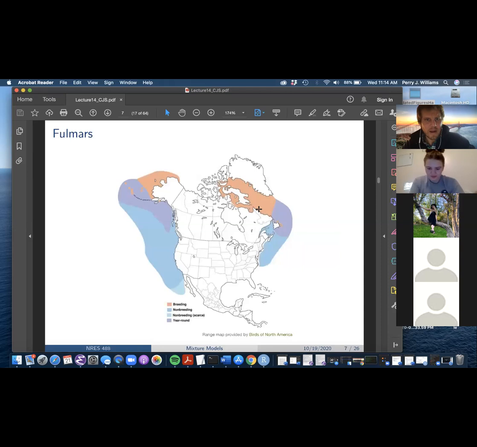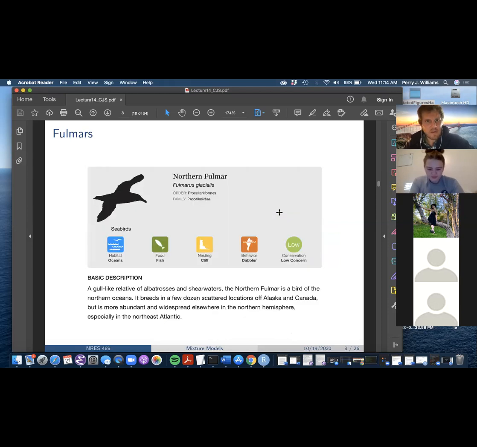Okay, so here's their range. They breed in the Arctic Circle, up around Alaska, and then over by Greenland. And then they have a wide migratory route and migrate all the way down south by Baja, California. Fulmars are a gull-like relative of albatross and shearwaters.